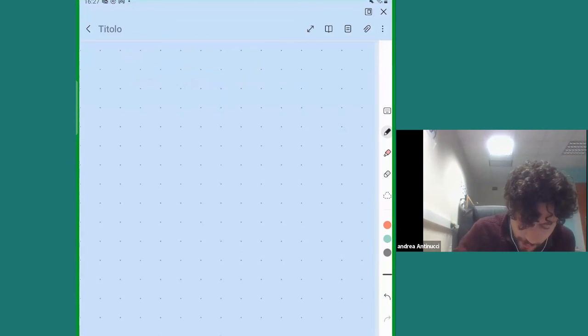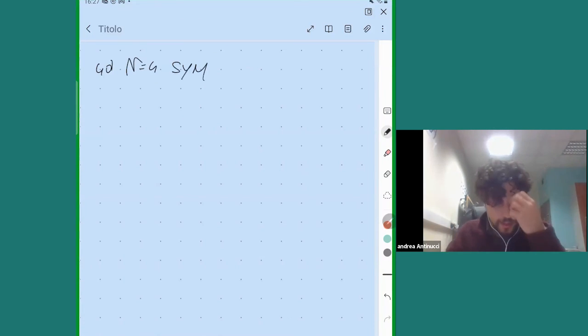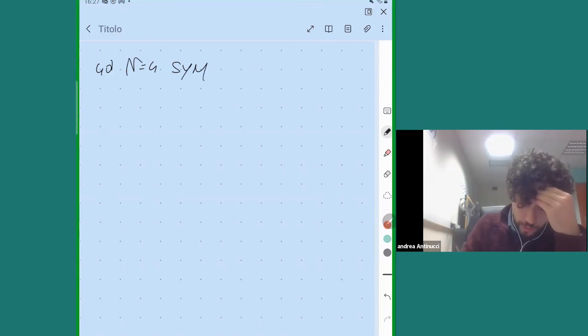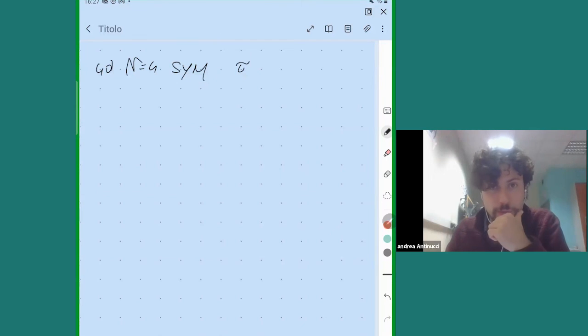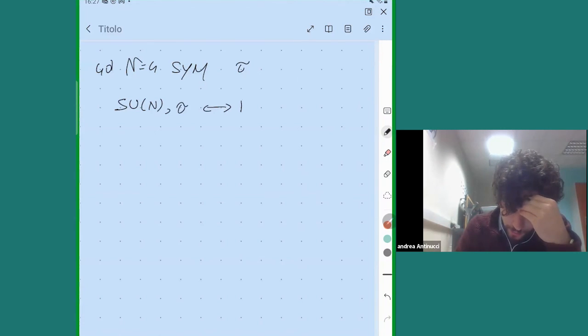One example of this categorical symmetry arises in 4D N=4 super Yang-Mills, which famously has a conformal manifold labeled by tau. And this theory has a very famous duality, which is called the Montonen-Olive duality. The SU(N) theory at coupling tau is dual to the PSU(N) theory at coupling -1/tau.